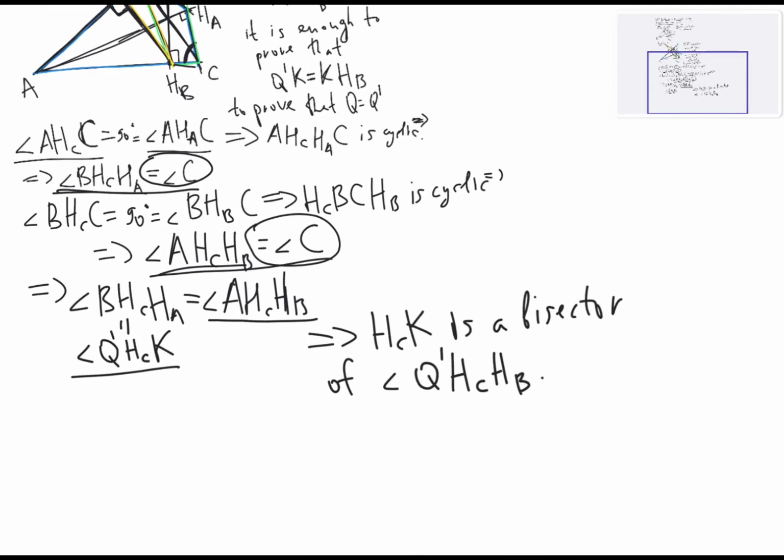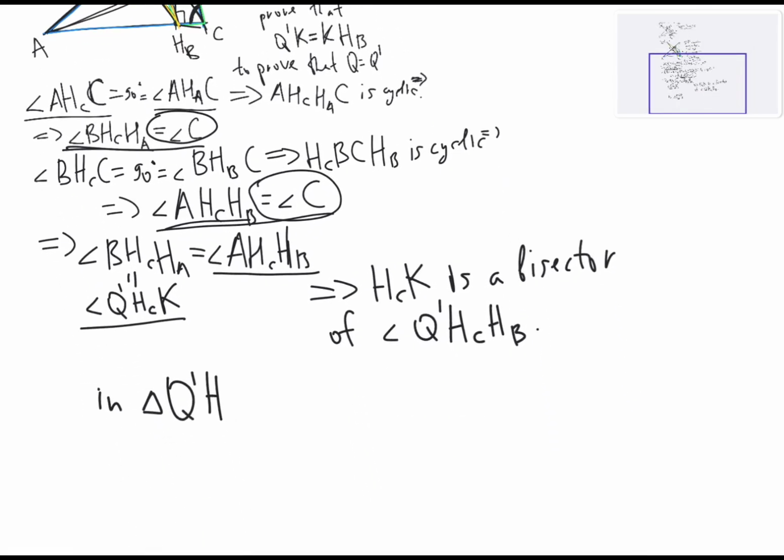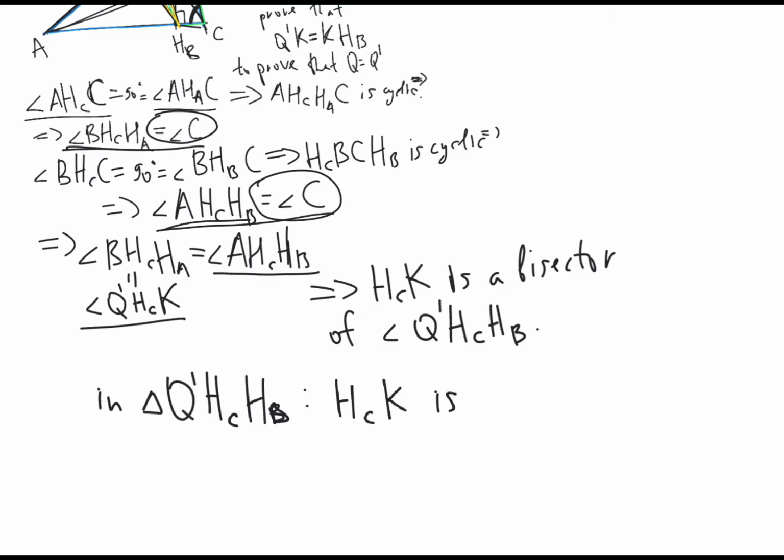So in the triangle Q prime HCHB, in this triangle HCK is a bisector and an altitude.